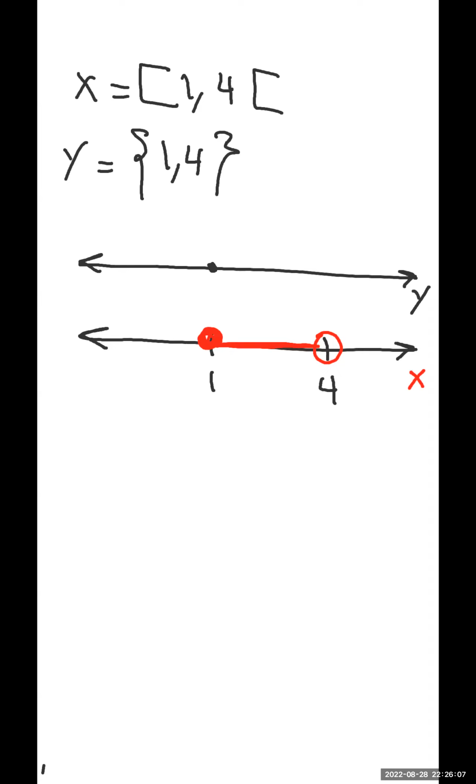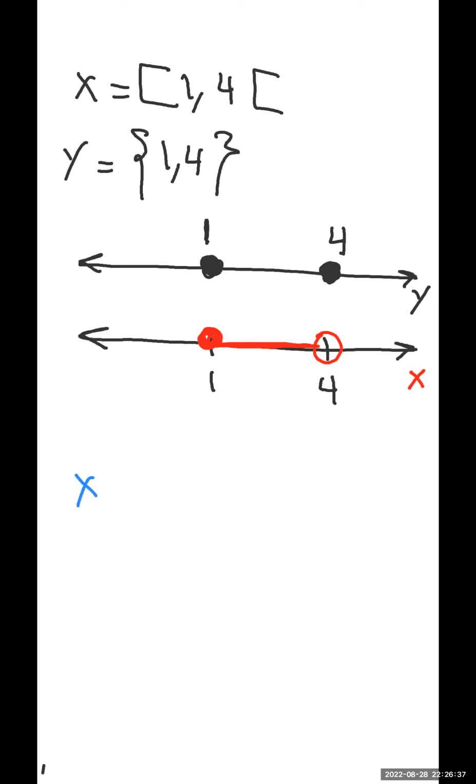It's an element, so shaded, because this means it's already inside the set. What else? 4. Already inside the set, so shaded. Do I suppose to shade the distance between them? No. Why? Because it's a set, it has only 2 elements, 1 and 4, correct? Yeah. Okay, correct.